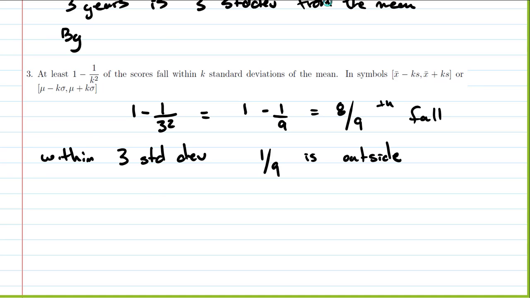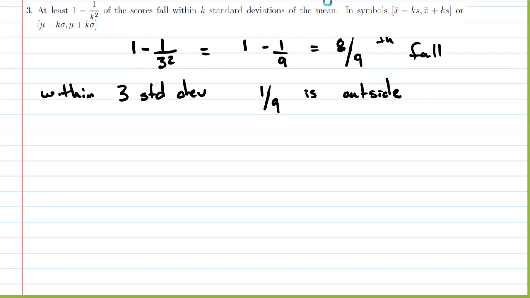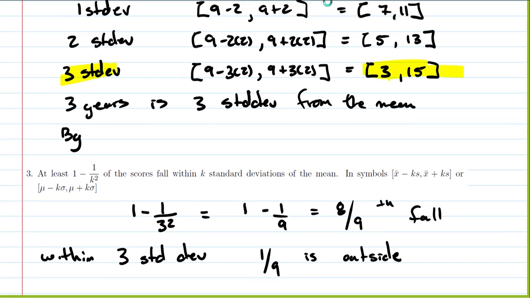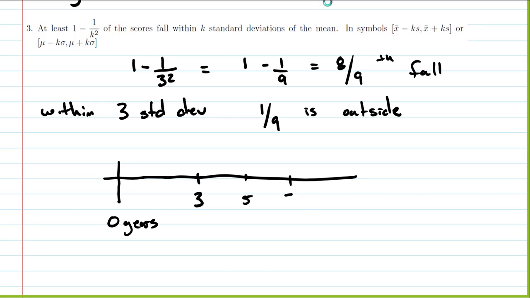So with this, we can't say quite as much, because what's the least amount of time a battery can last? 0 years, right? If it's defective, it never worked. We're at 3 years is 3 standard deviations from the mean. 5 years was 2. 7 years was 1. 9 was our mean. But then we also have stuff on the other side, 11, 13, and 15.